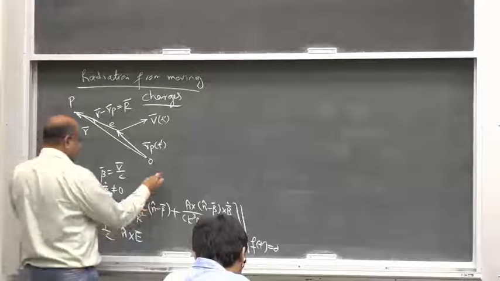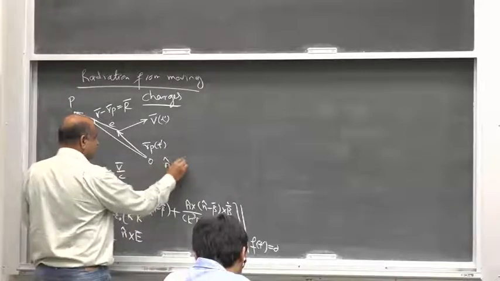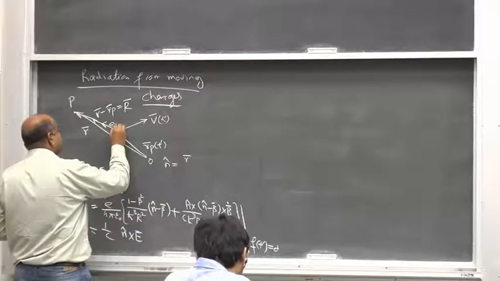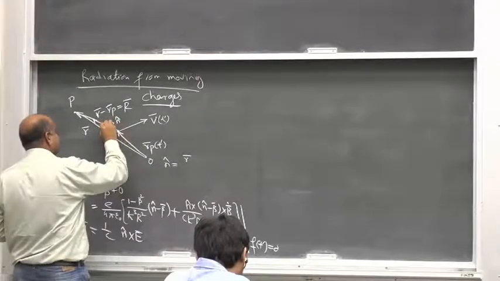different things like n is nothing but a unit vector along this direction, and this is n hat.